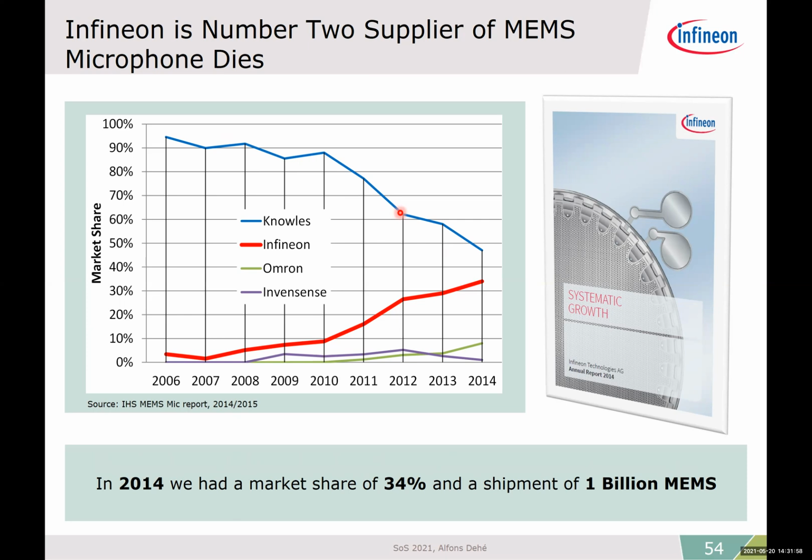That means the end customers, they always want to have more than a single source. At least there's two sources delivering into the market and some more. This was 2014 when Infineon had 34% market share and sold the first 1 billion MEMS in a year. You see in 2014, then the total market was something like 3 billion pieces.